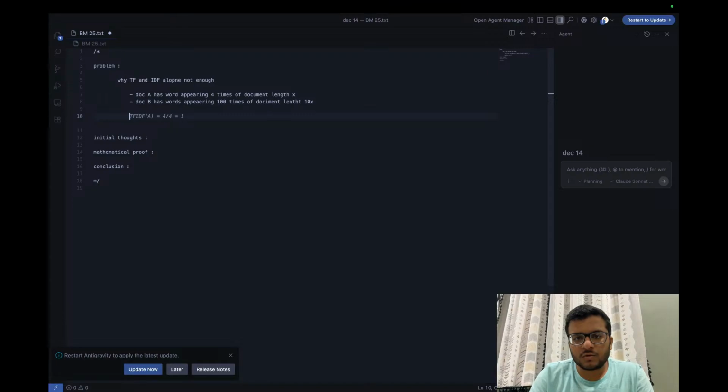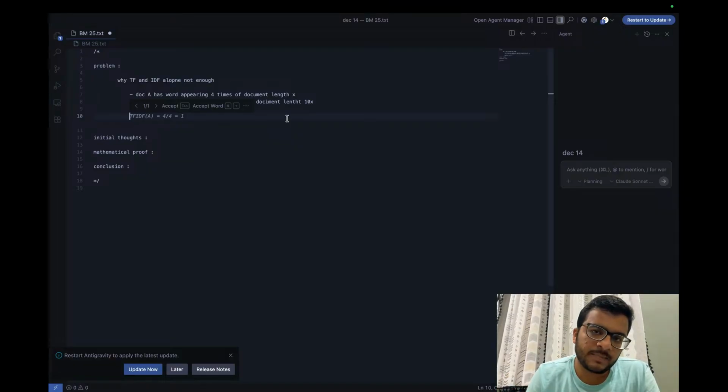So there is more probability that if a document of more length contains a word more repetitively, the document is more focused around that word.